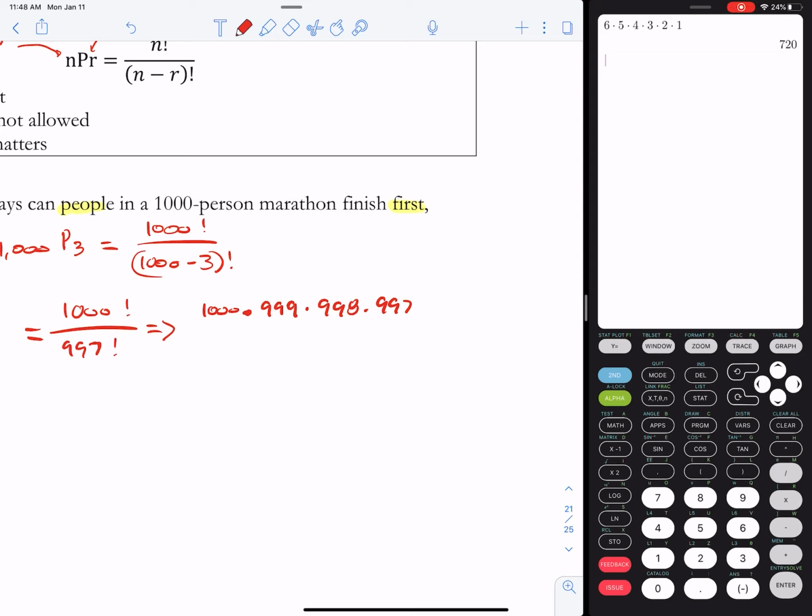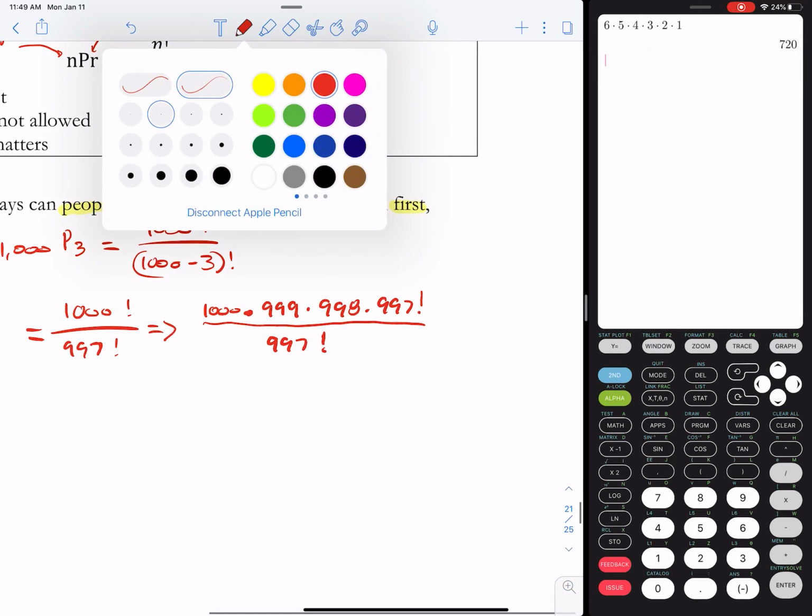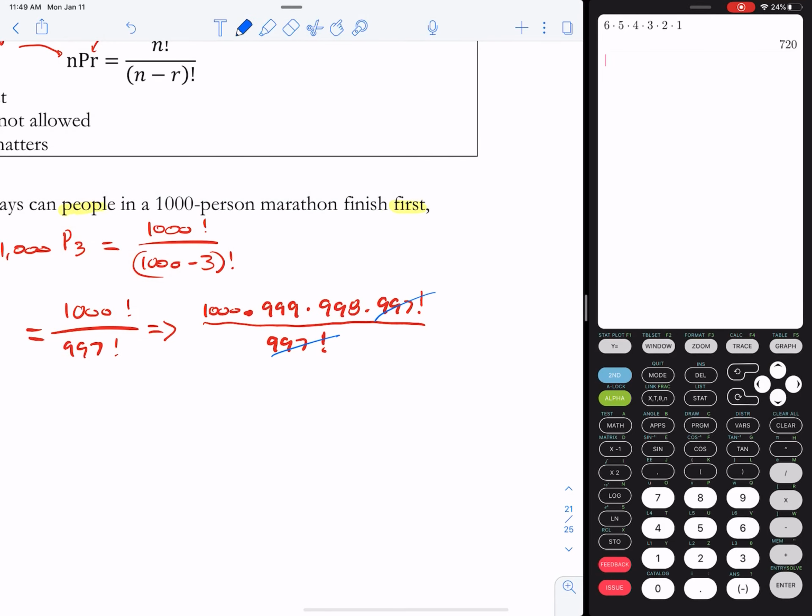That's a long thing to write out, all over 997 factorial. But instead of writing out the entire top part, if you just ended at 997 and put a factorial, because that means it keeps going, then you could just cancel these out.